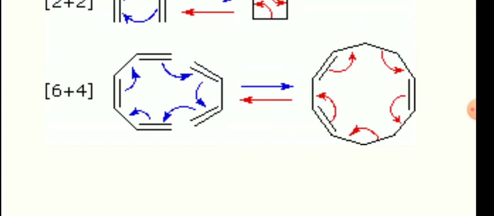This type of large ring, small ring and complex ring formation is possible in nature by means of this cycloaddition reaction.